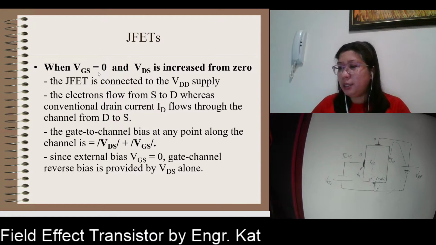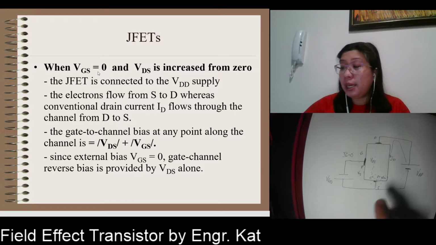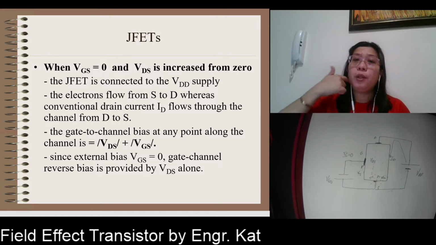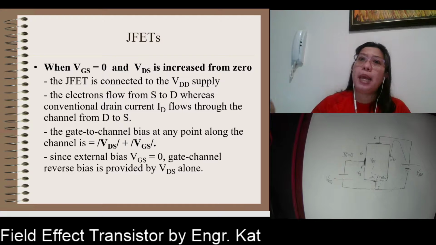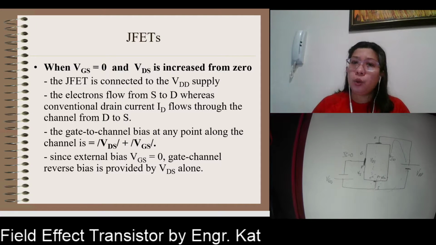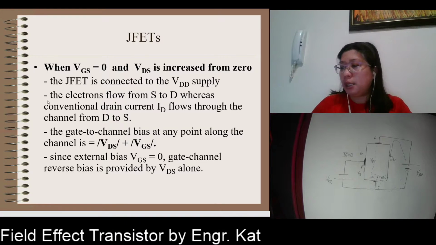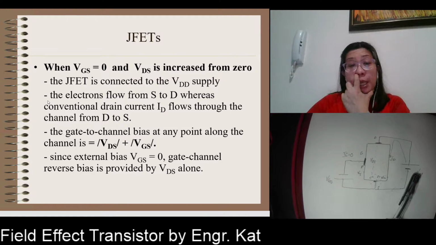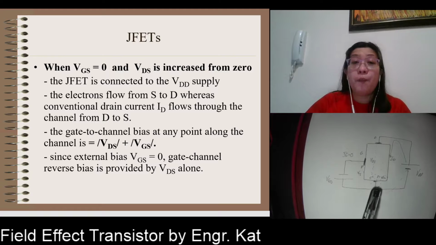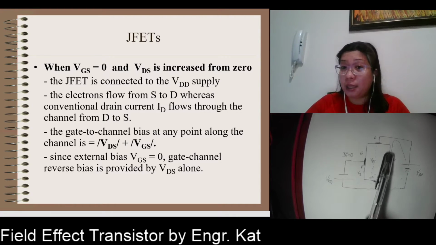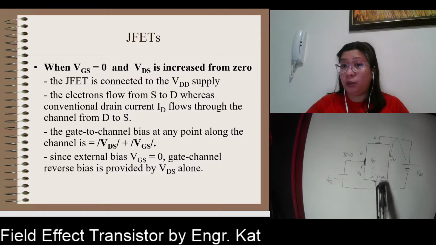Okay, now, what happens when VGS is equal to 0? Okay, so when this is equal to 0 and your VDS is increased from 0. So what do we mean by increased from 0? We are applying a positive source to your VDS. So the JFET is connected to the VDD. So this is your VDD. Okay, so the electrons flow from the source going to the drain, whereas conventional current ID flows from the drain going to the source.